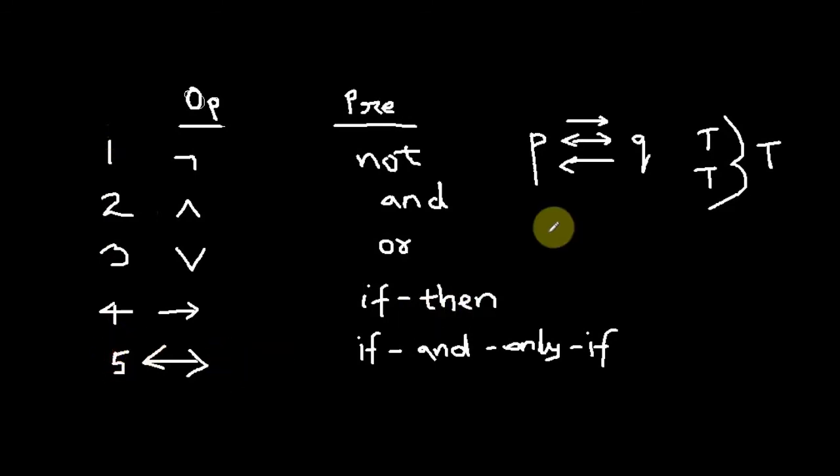Now there could be a time when you see these operators like this, for example P or Q or S. So you see the problem.